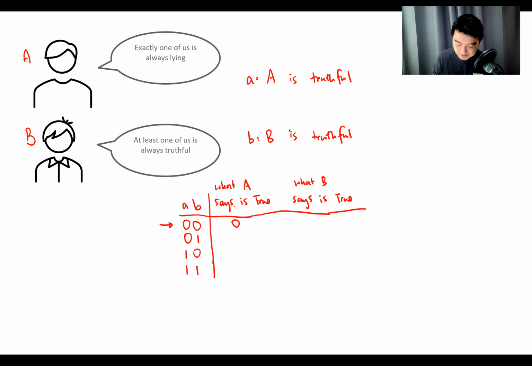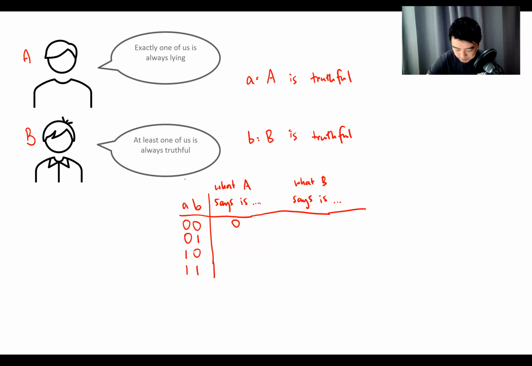Maybe if you're having trouble understanding this, I won't put true here. What A says is dot dot dot, and what B says is dot dot dot. But really, it's the same thing as what I just put here. So if they're both lying, A said exactly one of us is always lying, then what A says is false, what A says is falsified.